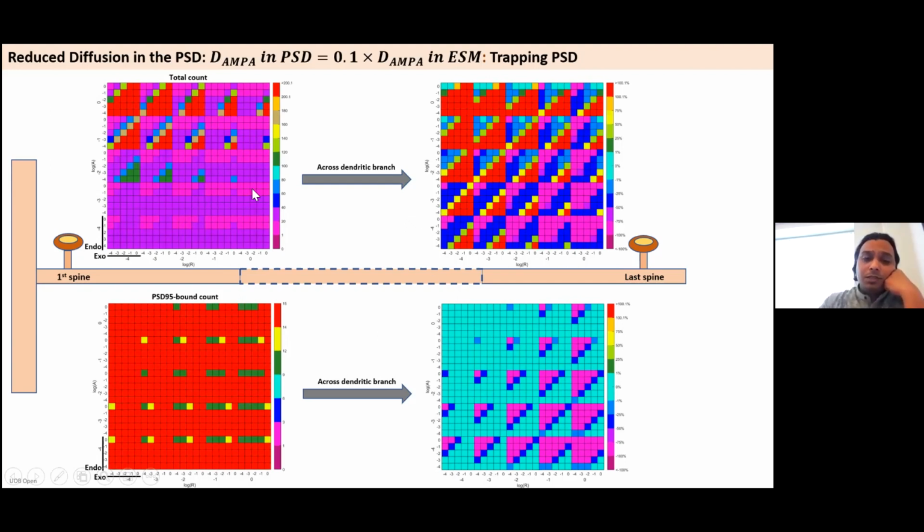Because of the change in the free receptor, the percentage change across the dendritic branch in the total count looks a bit more complex. But we did it for many more combinations. Here I'm showing you only two situations.